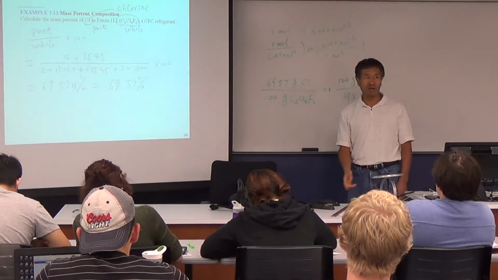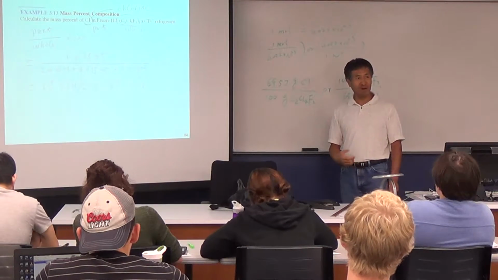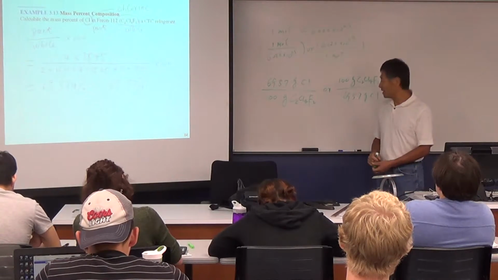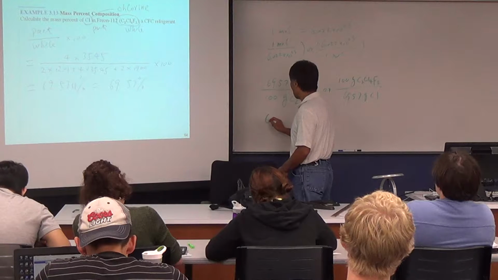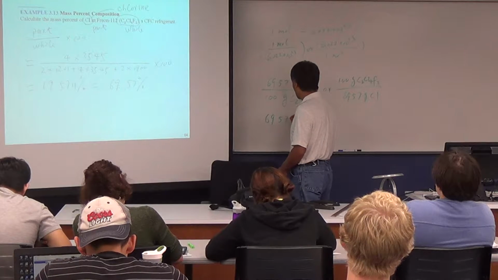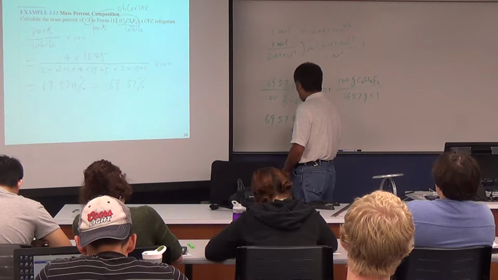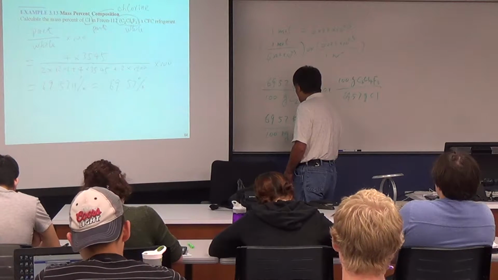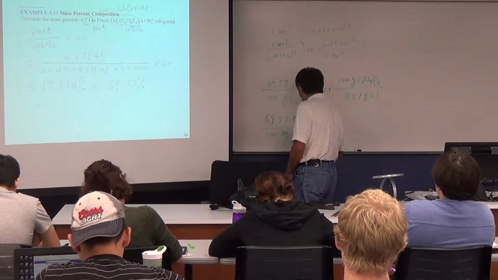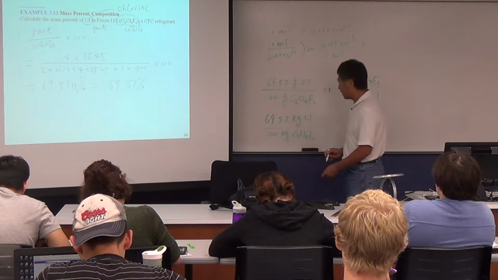You can use a gram, a kilogram, a pound, or AMU. For example, I can rewrite it as 69.57 kilogram of Cl over 100 kilogram of C2Cl4F2.